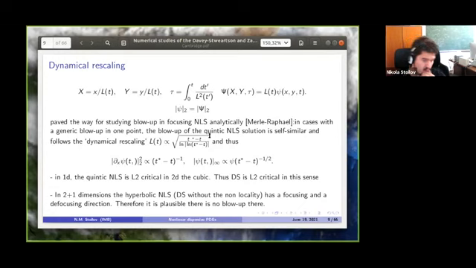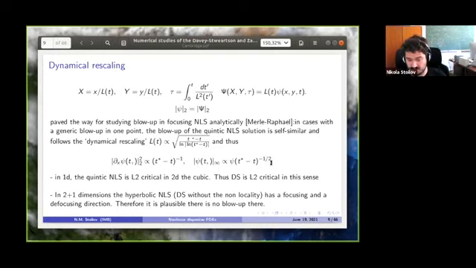Now, the mechanics of this is you can make the rescaling dynamic. So we introduce a scaling factor that depends on time. And this allows to study a blow-up in focusing NLS analytically, at least for cases with generic blow-up in one point. And one can obtain the rule for how the norms behave. So if you consider the rescaling factor, then what you can see, and this you can see numerically, is the behavior of the norms.